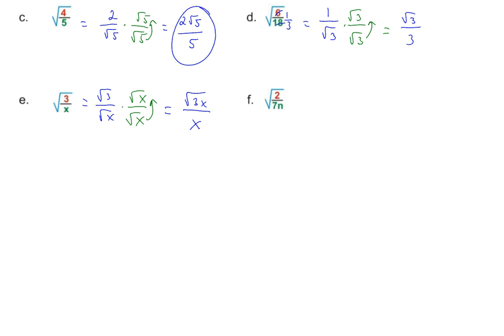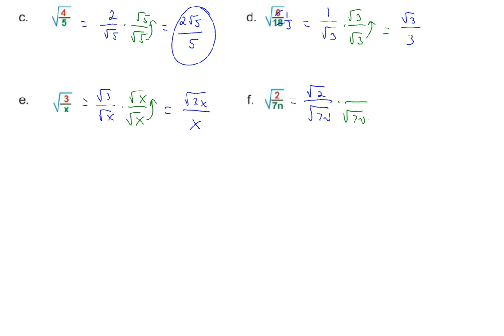Okay, so one more progression here as I try to take you through some of the possible variations that you're going to see. So in F, we're going to split it up, right? Square root of 2 over the square root of 7n. And Pamela, how would you rationalize that one? Anybody agree with square root of 7n?